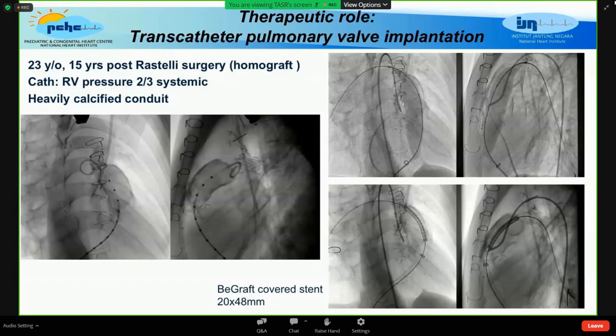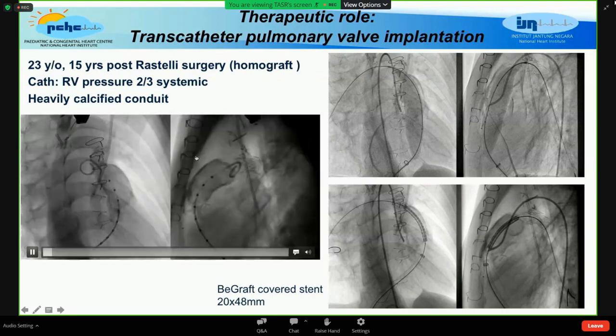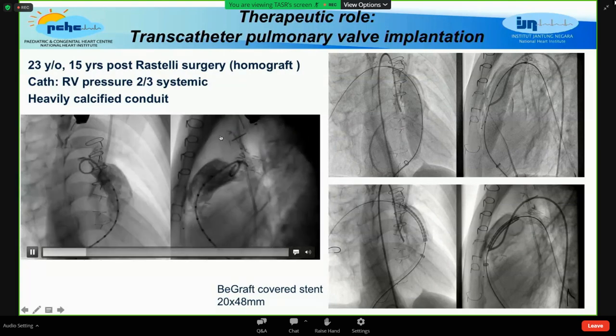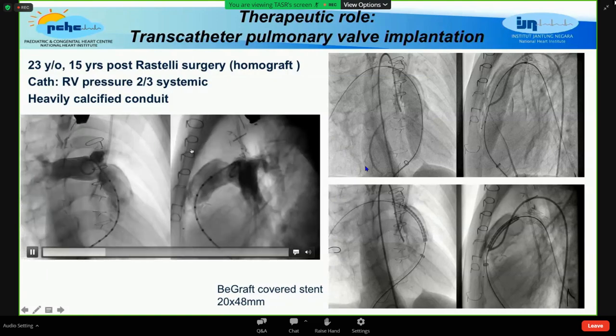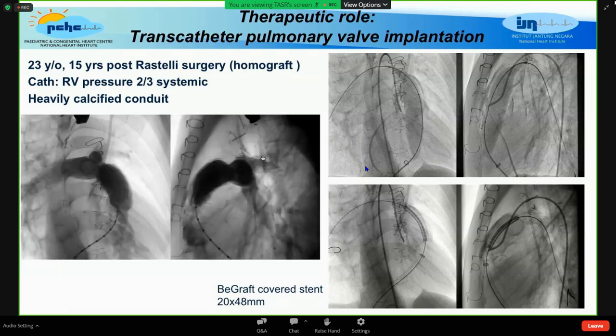Not to forget, another therapeutic role is transcatheter pulmonary valve implantation, maybe years after the Rastelli procedure. For example, this patient, 23 years old, had Rastelli surgery 15 years ago using a pulmonary homograft, and when presented to us 15 years later had an RV pressure of two-thirds systemic and a heavily calcified conduit.